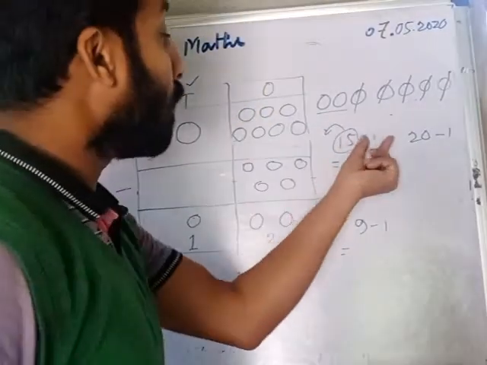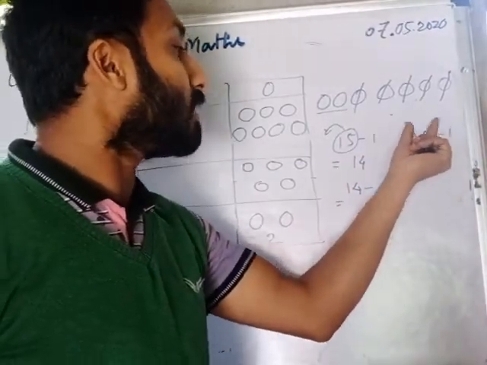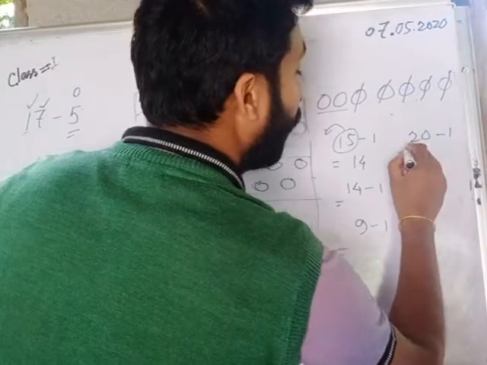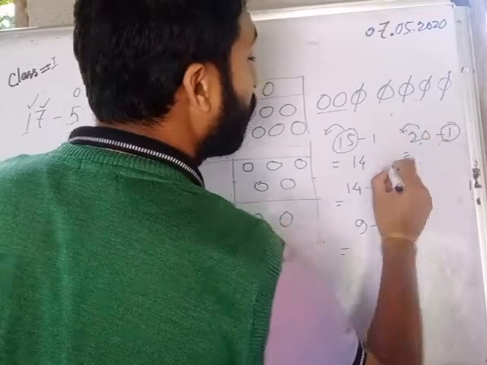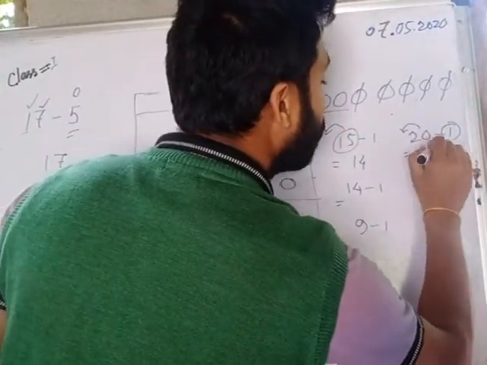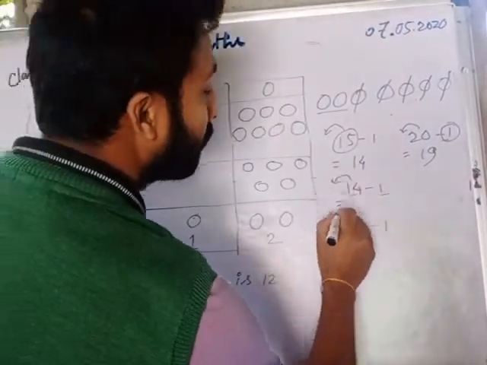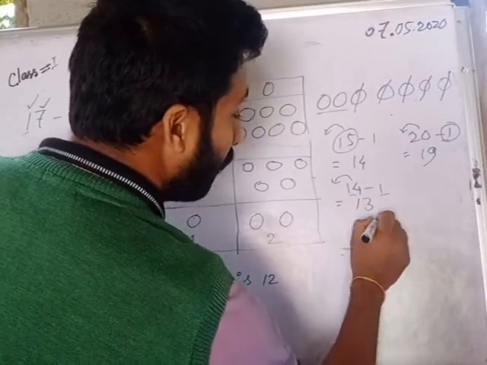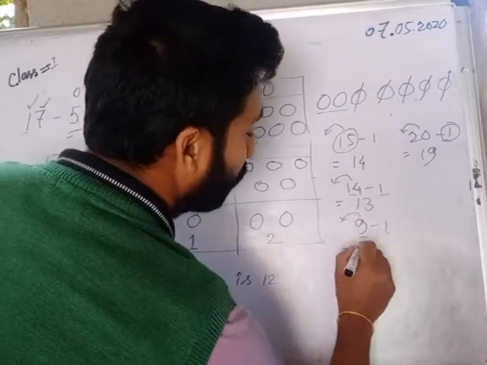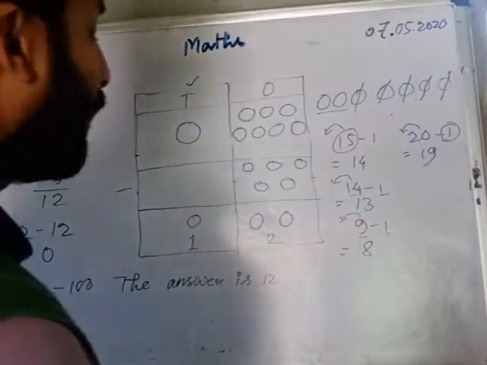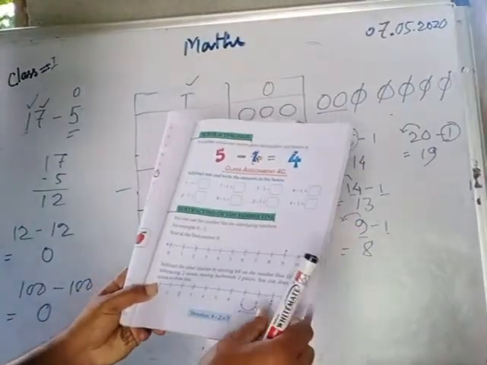If it is 20 minus 1, you should get just the number before 20. Just before 20 is 19, so we should write here 19. 14 minus 1, that means just before 14 is 13, so we should write here 13. If we subtract 1 from any number, we get just the number before it. So 8 is just before 9. Okay, so you should do your homework properly.